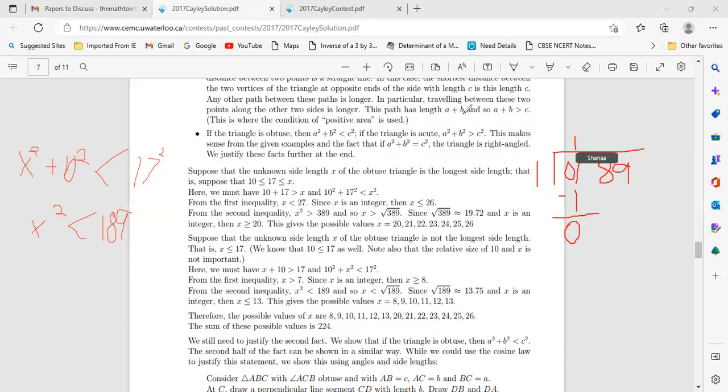You can bring down the 89 and solve it. Yeah, and then I bring down the 89. Now I have 2 here. And then you find a number to put here and here.